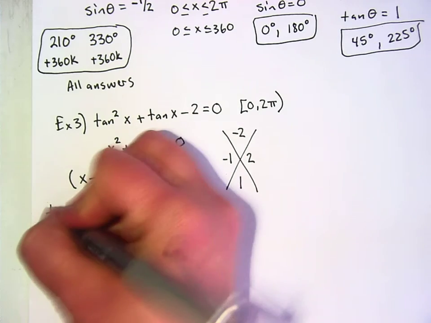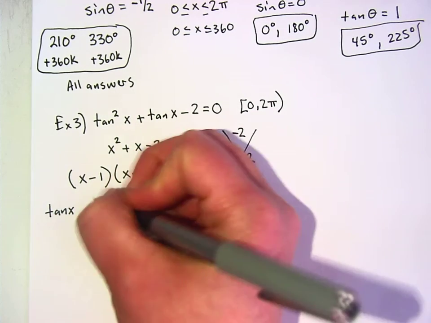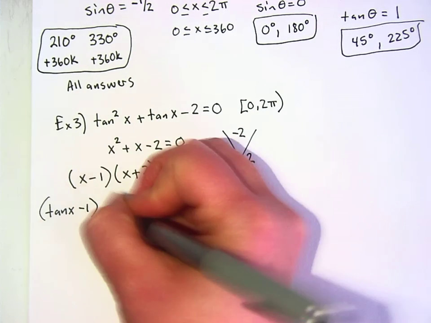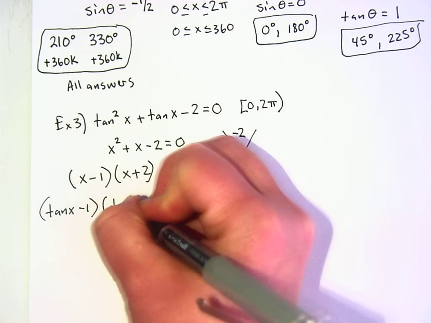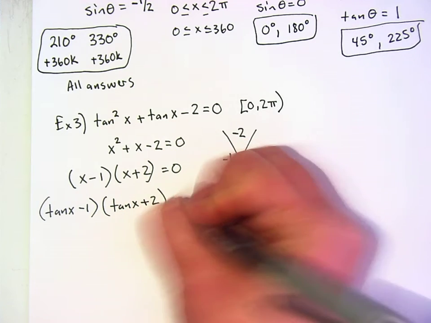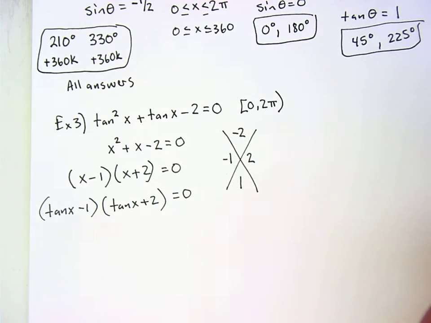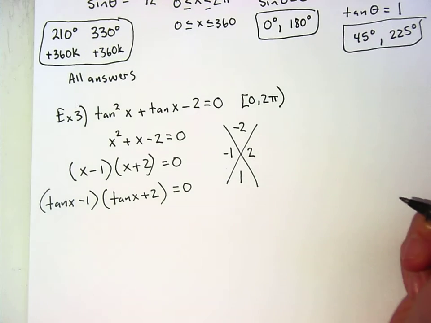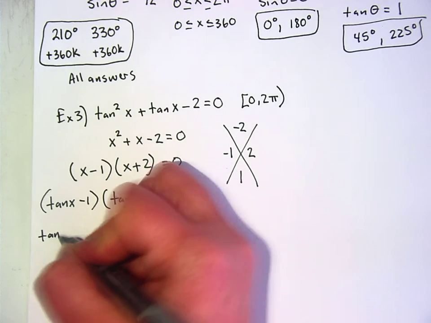Which is the same thing. I'm just going to fill it back in now. Tangent of x minus 1 and tangent of x plus 2 equals 0. Now what? Set them both equal to 0.